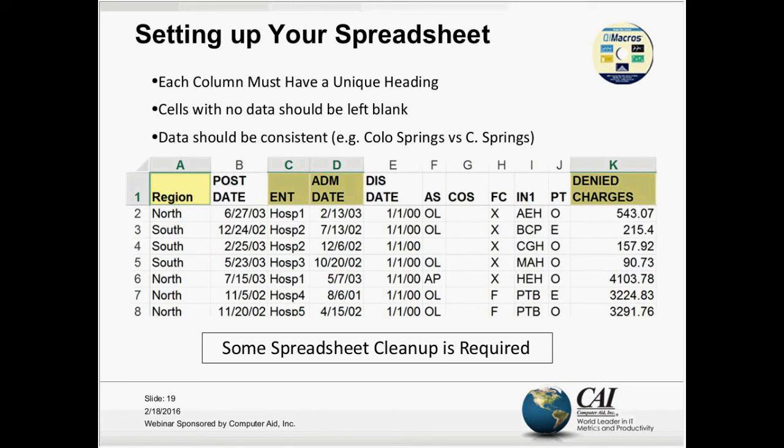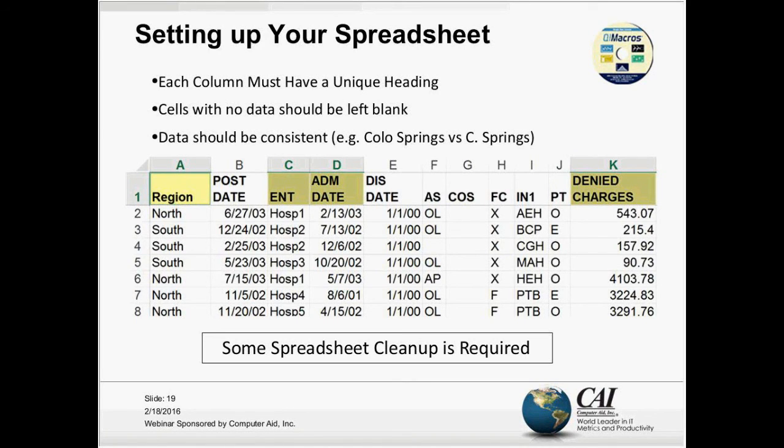So we had to get all of those to the same verbiage so that we could summarize them correctly. I've never found a spreadsheet or a bunch of data that didn't need some cleanup, to then actually summarize it all correctly. So you may need to do some global changes on certain things to get them to all look the same so that you can summarize them properly.